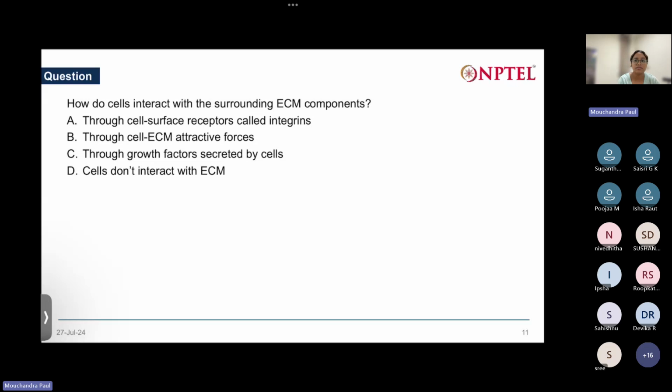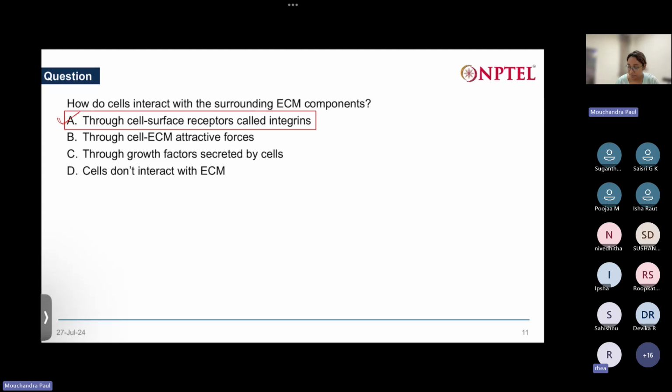If anyone has read a bit of cell biology previously, maybe they can answer it. A, ma'am. Option A. Okay. That's great that a few of you have been able to answer it. For those of you who don't know, I'll briefly discuss why answer A is correct.